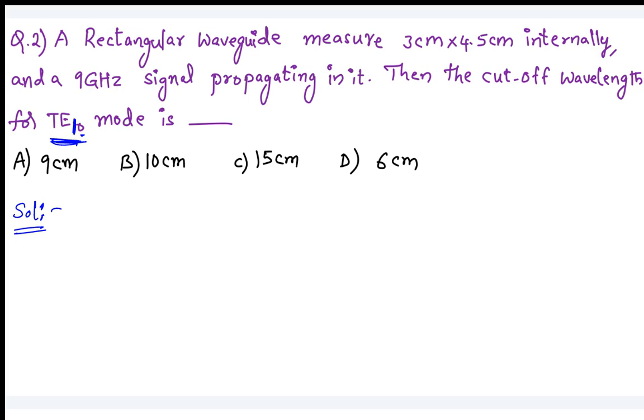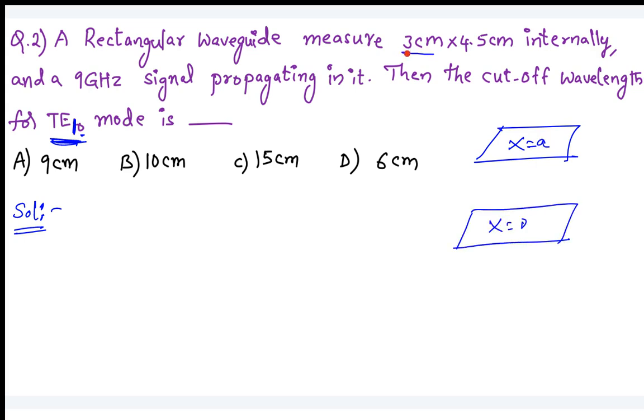In the x direction the distance is 3 centimeter, and since it is the first mode, only one half cycle is present. So the distance is exactly equal to lambda by 2, which is 3 centimeter.